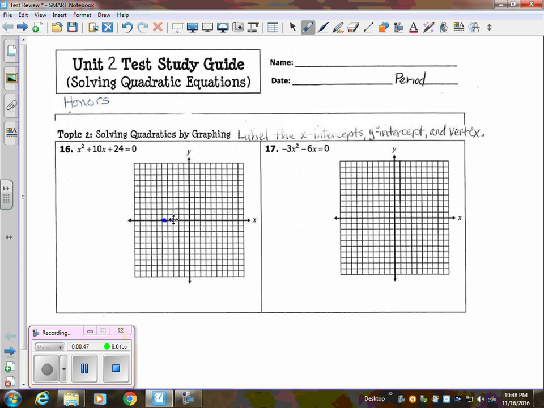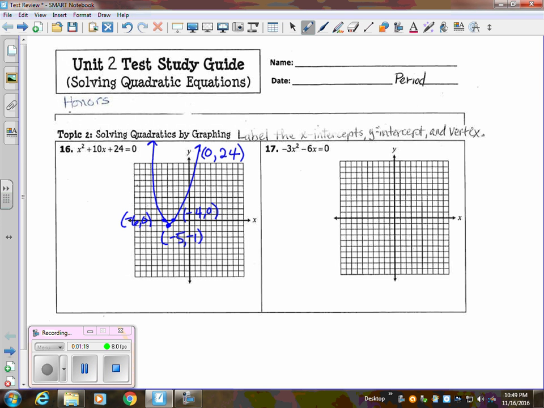It has a vertex at -5, -1, sorry. It's opening up. The y-intercept is way up at 0, 24, so it would be hard to graph that part. You've got your -4, 0, your -6, 0, and your vertex of -5, -1.